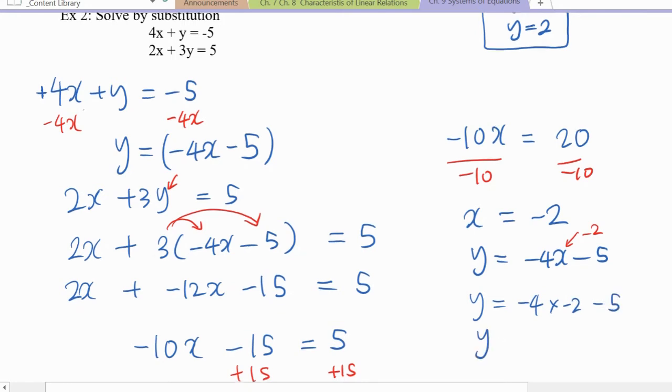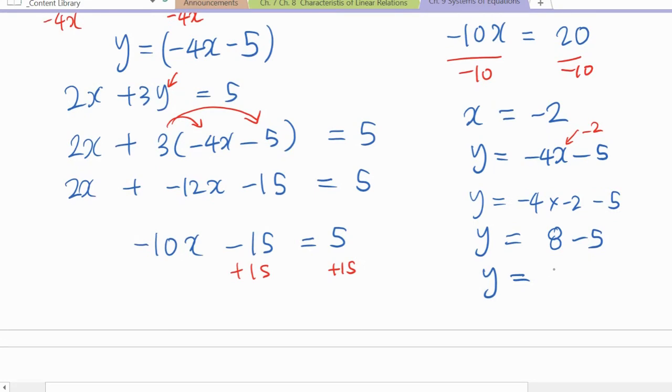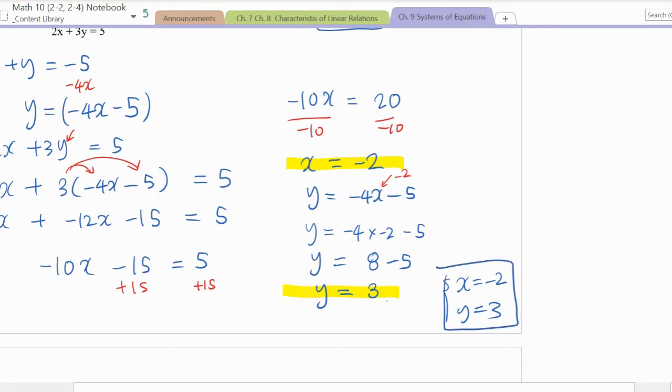Then y is positive 8 minus 5, which is 3. So therefore, x is negative 2 and y is 3. So we write it, x equals negative 2, y equals 3. So this is the final answer.